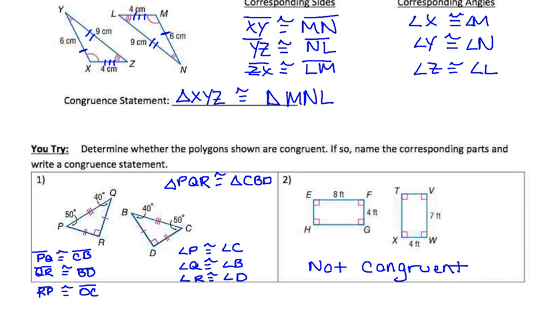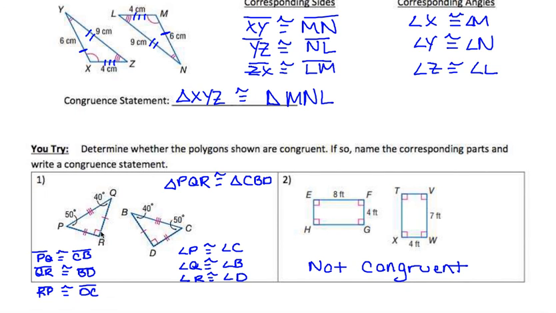So here are your answers for number 1 and number 2. So you have your corresponding congruent sides here, and then you have your corresponding congruent angles. If you look at the little tick marks, they're actually telling you that they're congruent, and they're matching them up for you. So 1 tick mark matches with 1, 2 matches with 2, 3 matches with 3. And then you can check the angles.